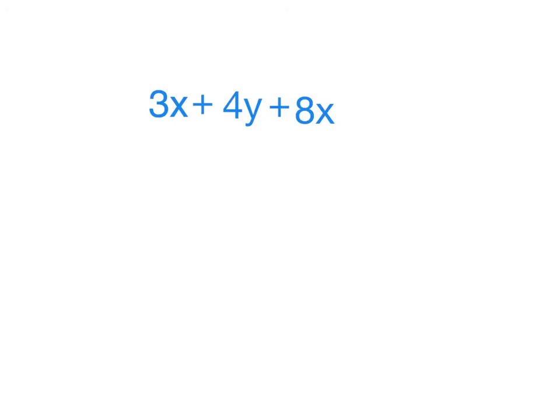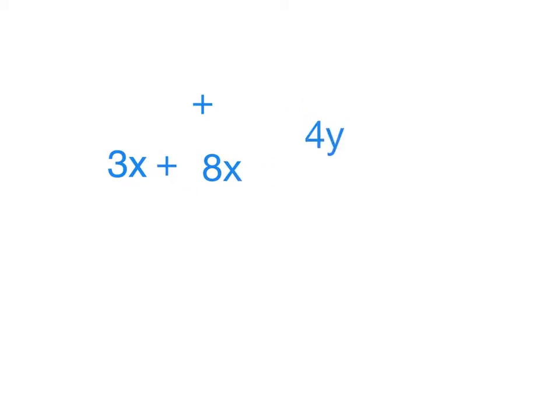So the secret to this, when you have more than a couple of terms, is just to pay attention to the variable part and make sure they match exactly. So here we've got a 3x and a 4y. Those don't match at all. We've got an 8x. And so what we can do is rearrange these in an order that is a little bit more convenient for us.